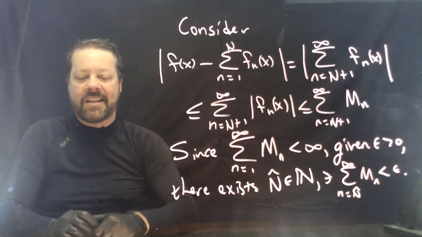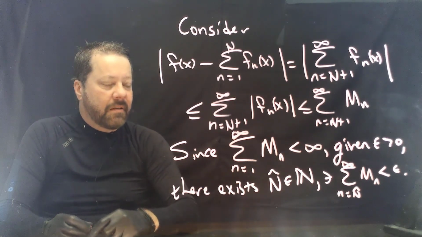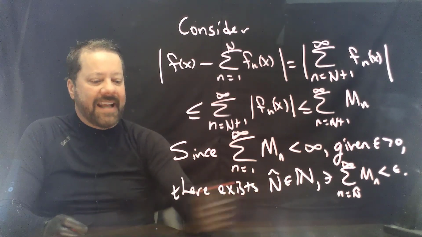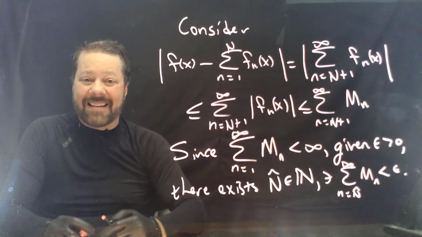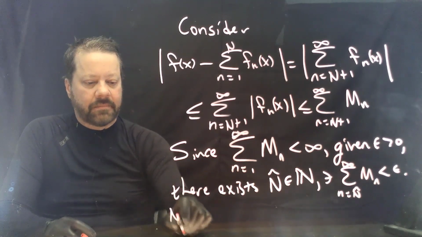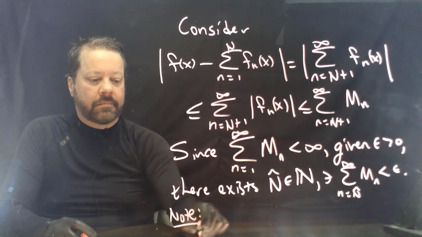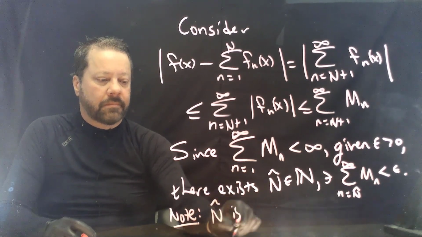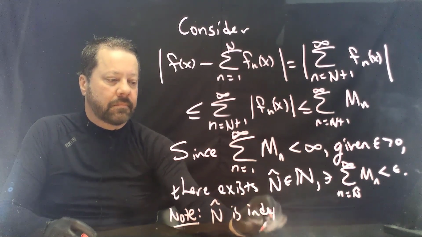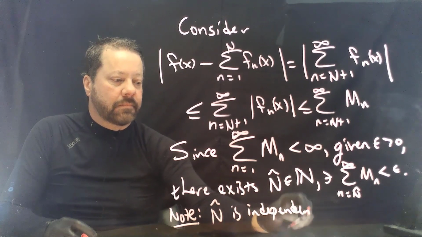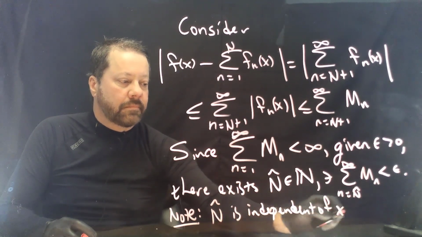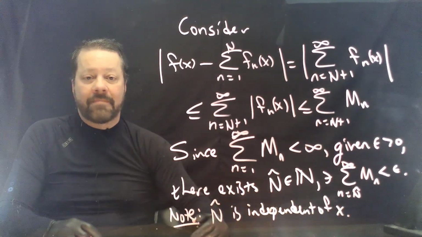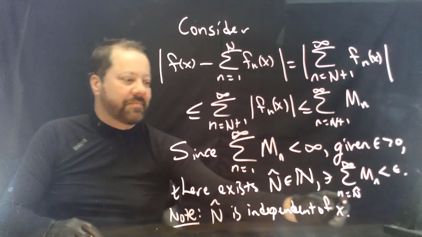So you can get as tiny as you want in the tail. Also note that this N hat is independent of x. And therefore, we get uniform convergence.